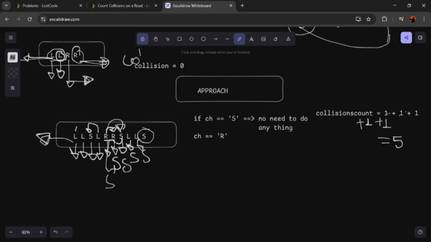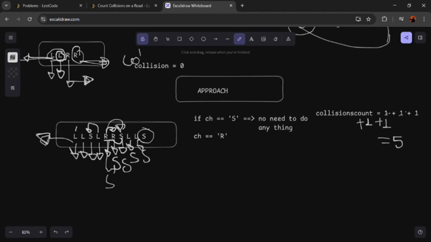will collide after this right car collides. Okay, that means when this right car has collided successfully, then this right car will be collided.